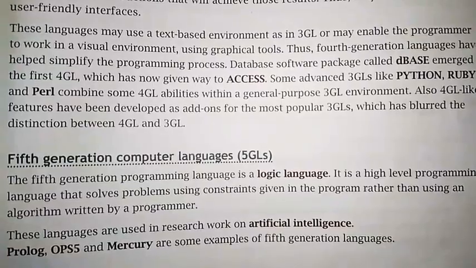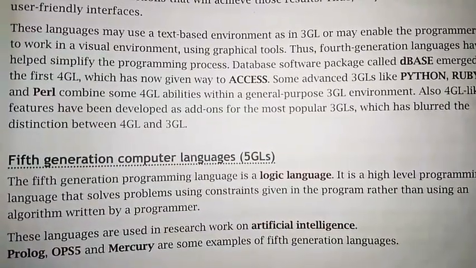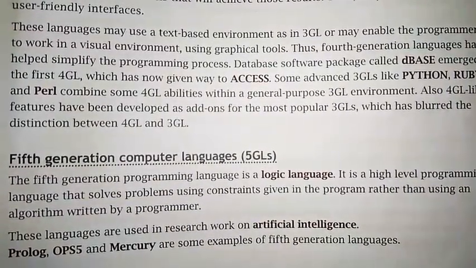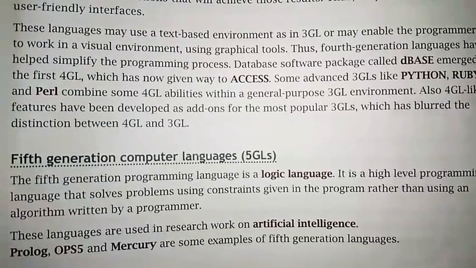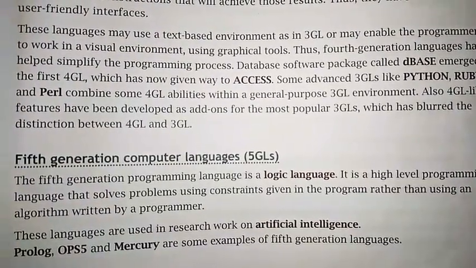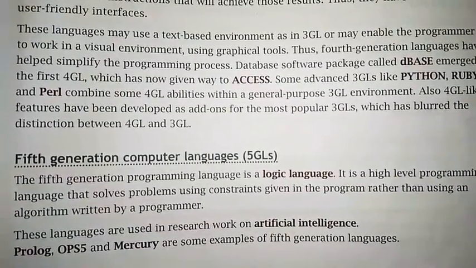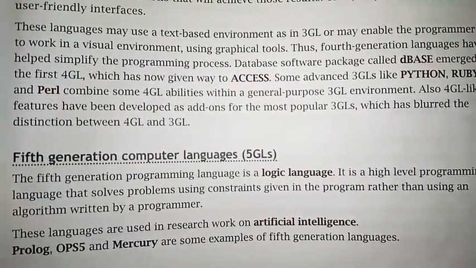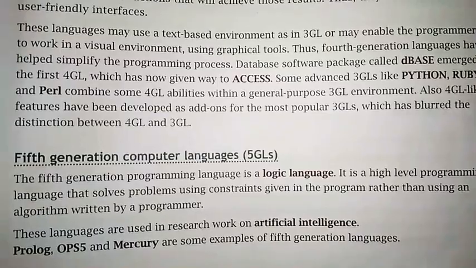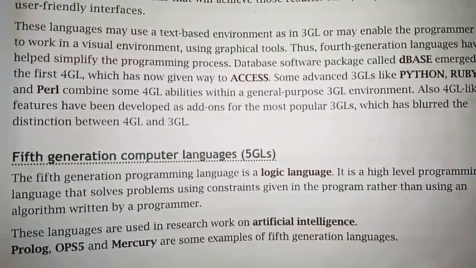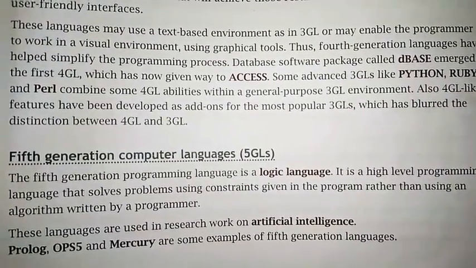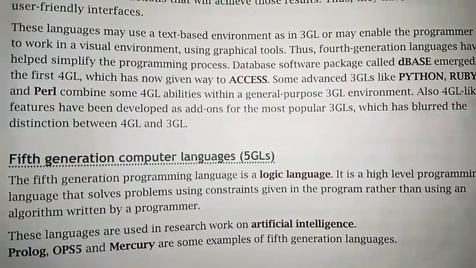So these are very highly advanced languages which we can use to solve problems regarding constraints in the program and the algorithm written by any programmer. Algorithm means the calculation regarding arithmetic problems.